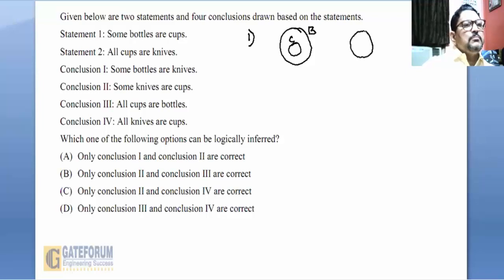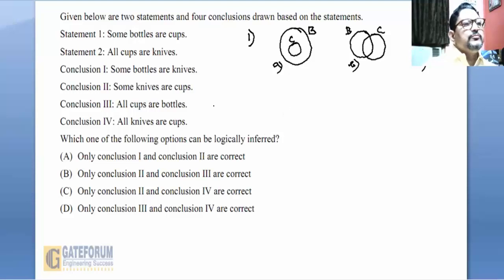Well, some bottles are cups could also be this. And since in syllogism, some can also assume the value of 100%, some bottles are cups can also be this one. So these are the three different forms that some bottles are cups can assume when expressed in terms of Venn diagrams.